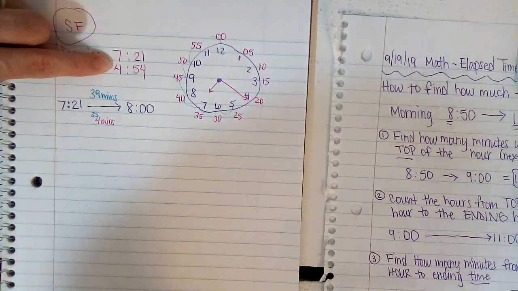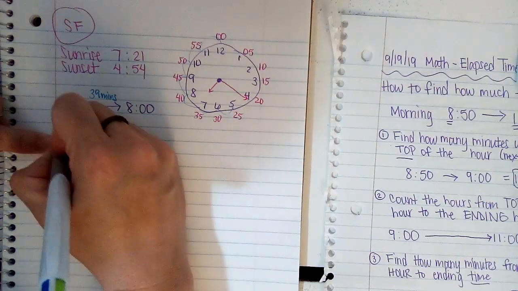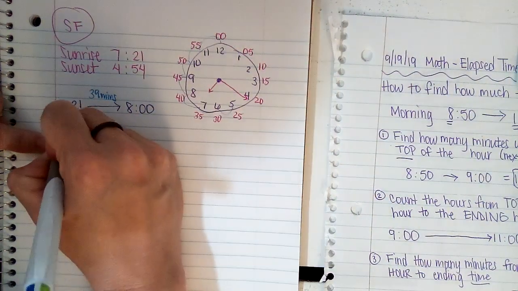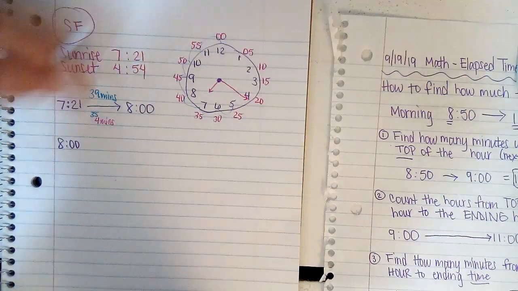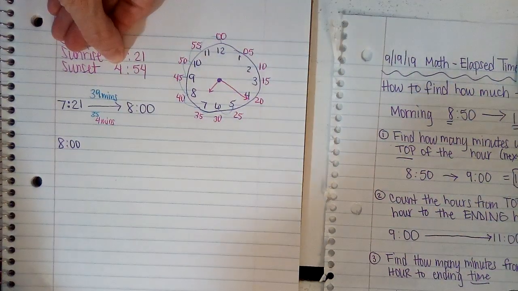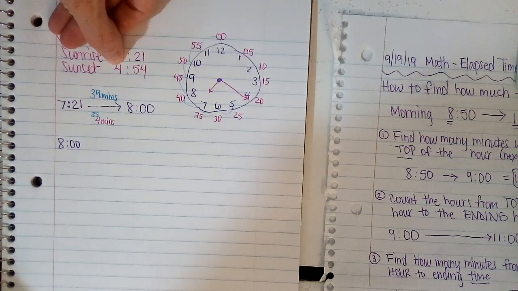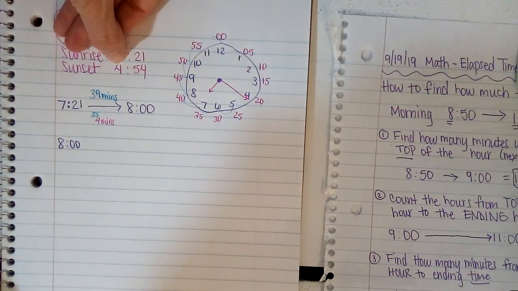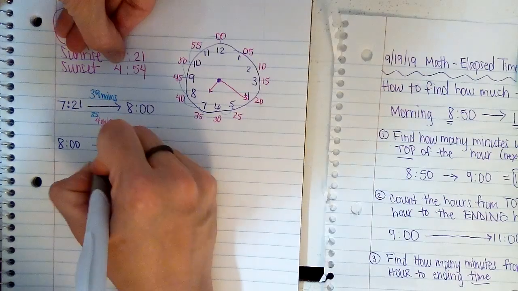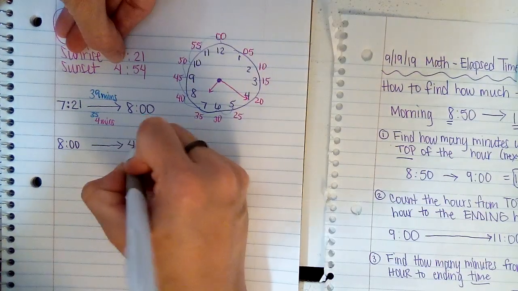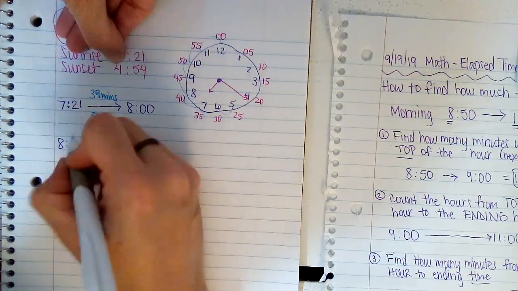Now let's think how many hours it is from 8 o'clock. What's the ending time? 4:54. So it's 4 o'clock. Let's find how many hours from 8 to 4.